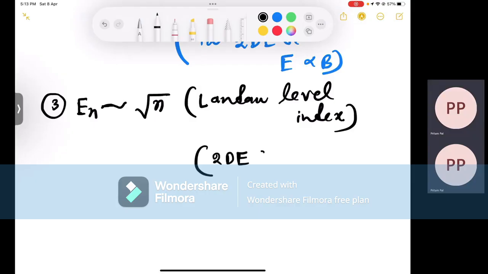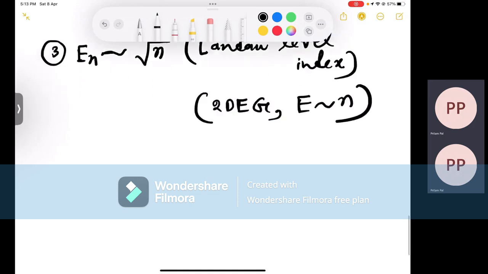But for 2DEG, what is happening? E is proportional to n, right? That's how it differs.